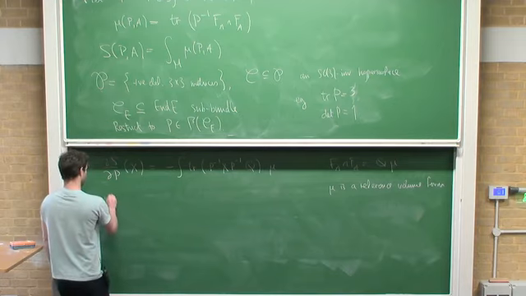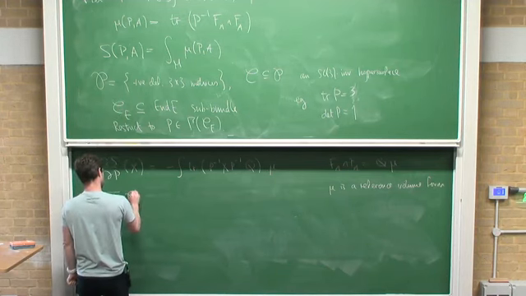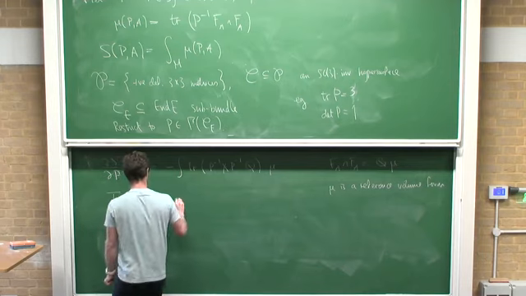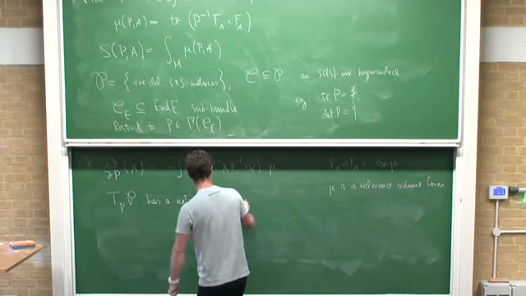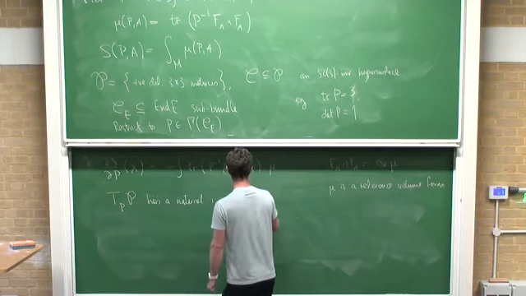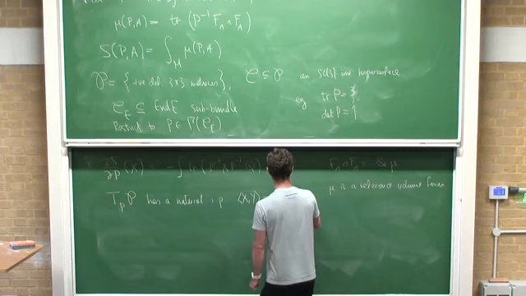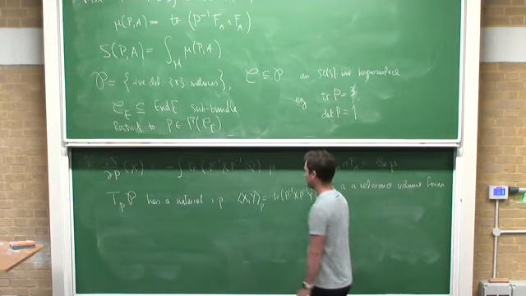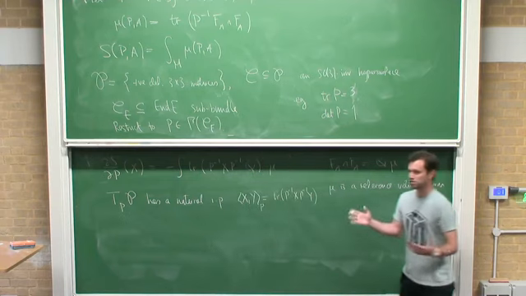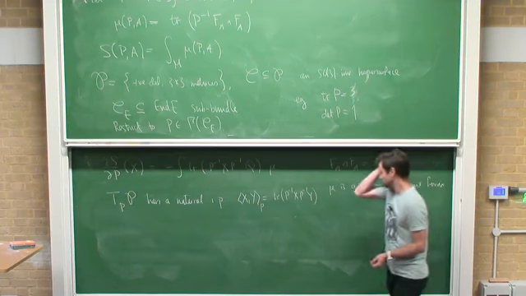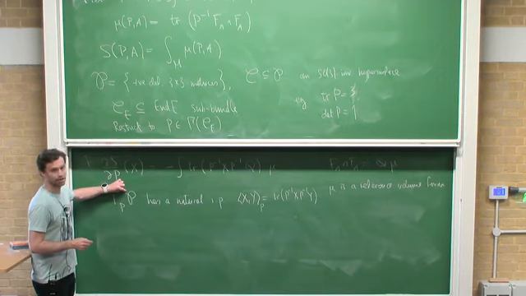If I look at curly P, the positive definite 3 by 3 matrices, there's a natural inner product: x, y at the point P is the trace of p to the minus 1 x p to the minus 1 y. And this actually makes P into a non-positively curved symmetric space. So this is, if you like, the natural Riemannian structure on P.